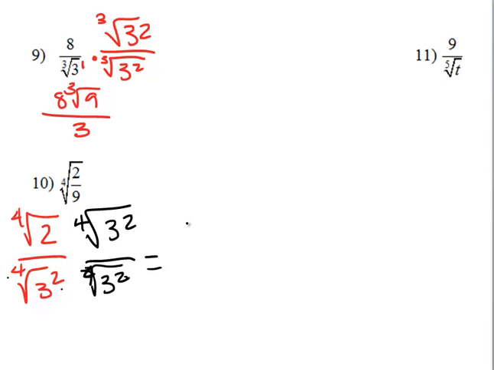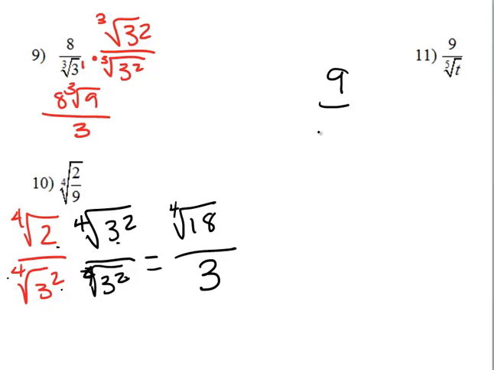And that will give me the 4th root of 2 times 9 is 18 over 3 squared times 3 squared is 3 to the 4th. The rainbow wins, so that's just 3. Again, there's nothing I can do here. I'd love to, but I can't simplify this anymore.